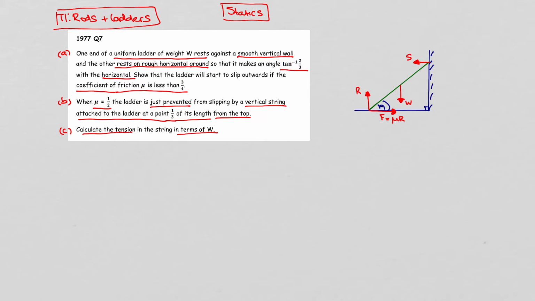And then we have our weight, which will act through the centre of gravity of our ladder. Now we don't know the length of the ladder, so I'm going to call it 2L. In other words, it would be L from the contact point with the ground to the weight, and then L to the wall. So let the length of the ladder equal 2L.